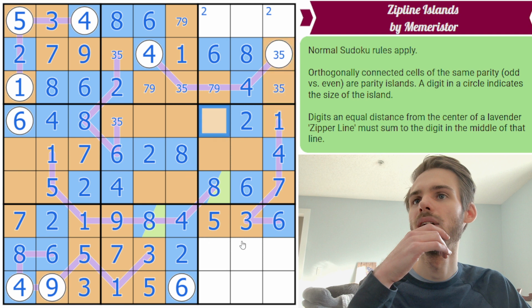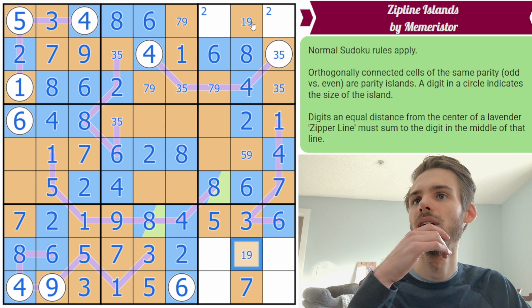Now odd. These are all odd. And they are 1, 5, 7, and 9. 5 is not down here. That's not a 1 or a 9, so it is a 7. These are not 7s. That's not a 1, and that's not a 5.